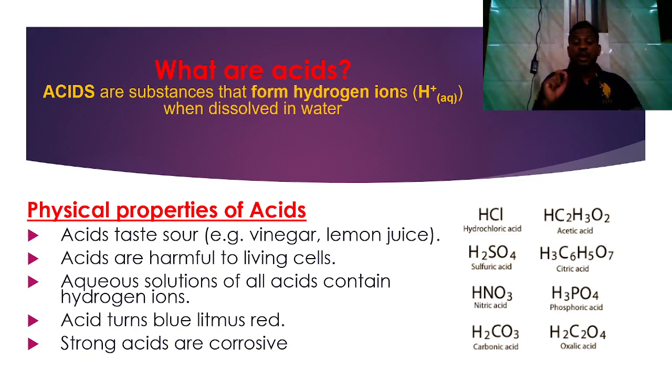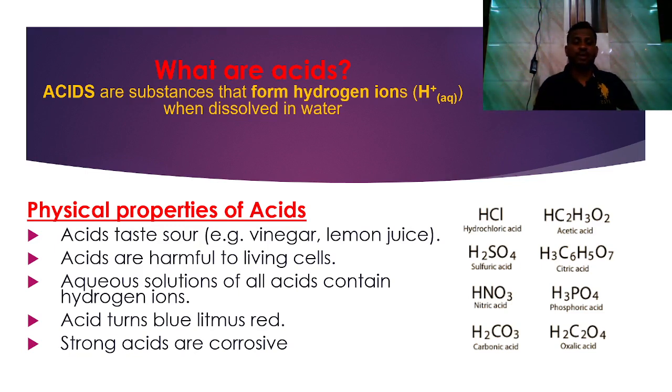Why? Because we have to write the formulas in the test. We have to identify the formulas of the chemicals. And the next one is HNO3, that is nitric acid. These three acids are very dangerous for living beings or living cells.